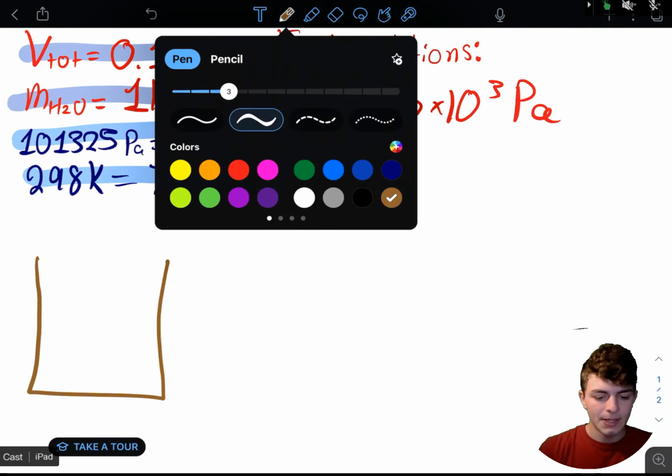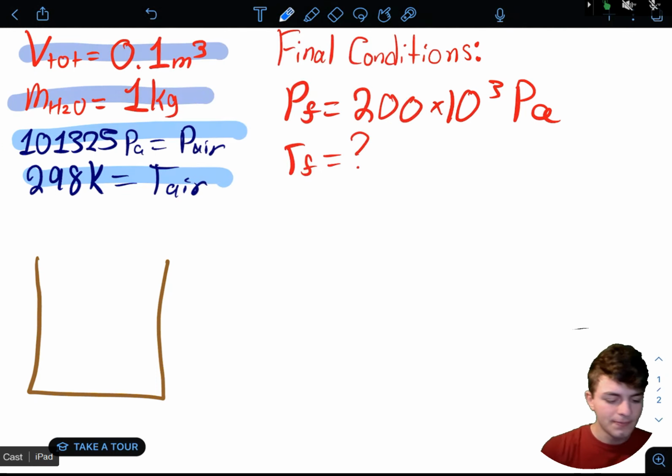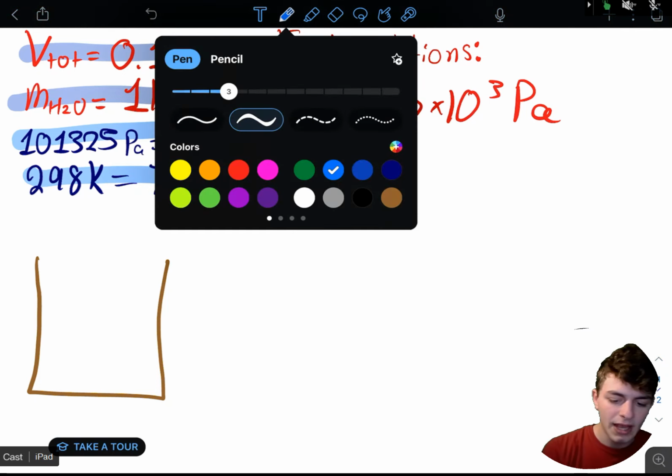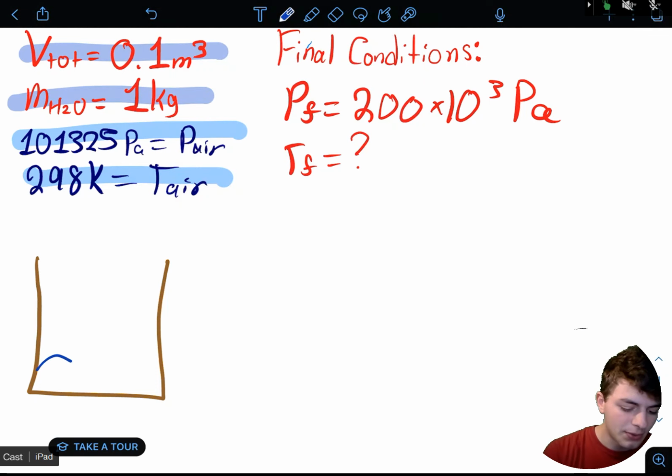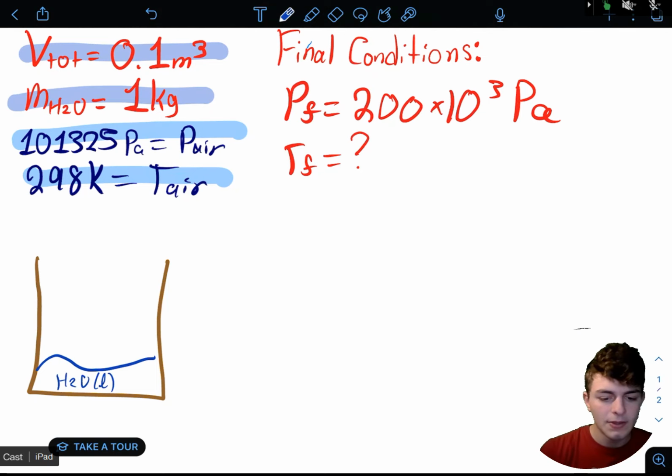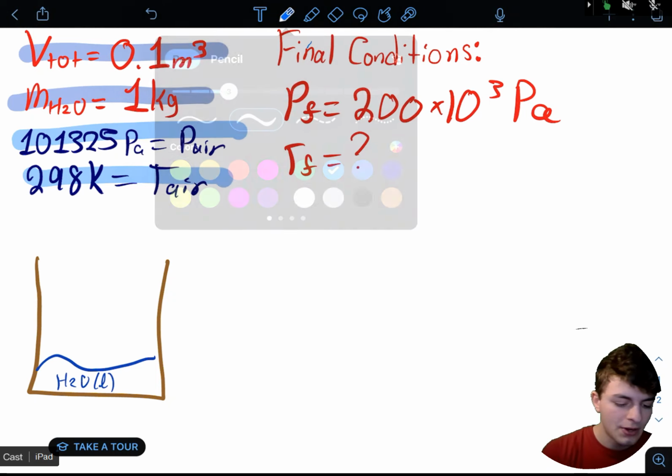Okay, cool. So initially we have an interphase in here at some point, right? With the mass of the water down here as a liquid, and then we also have the air in the headspace.